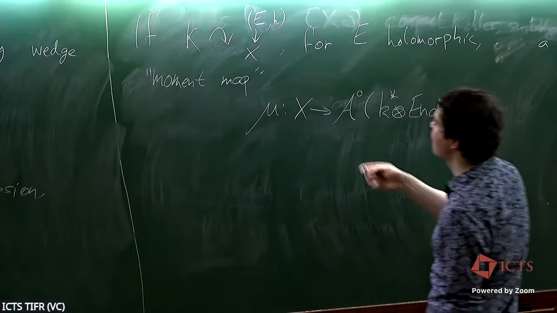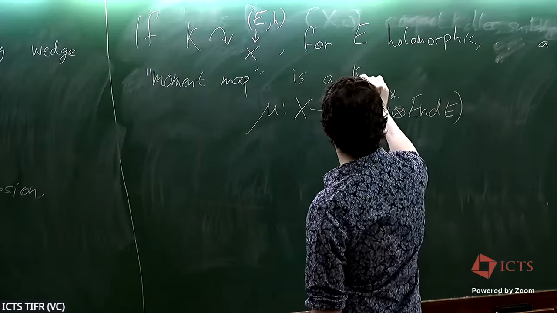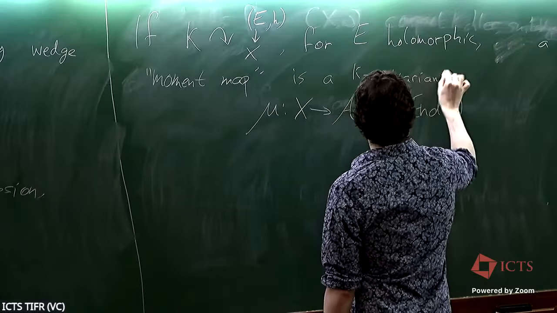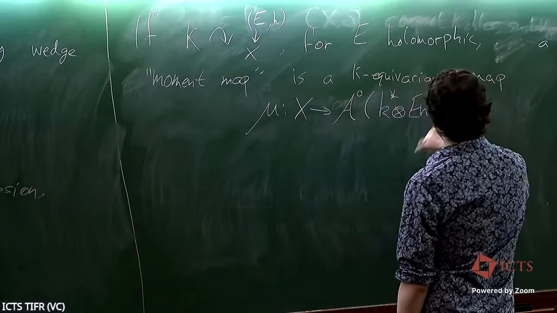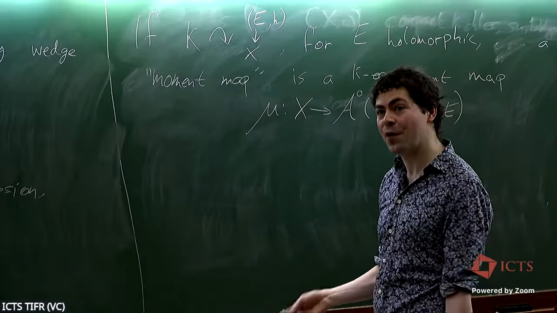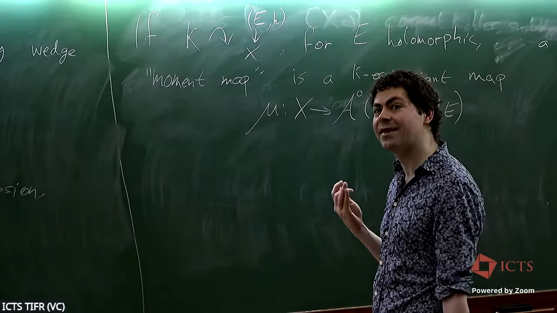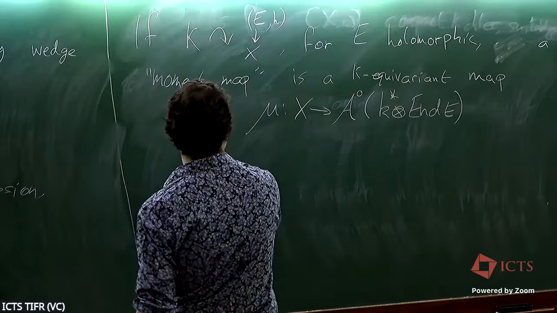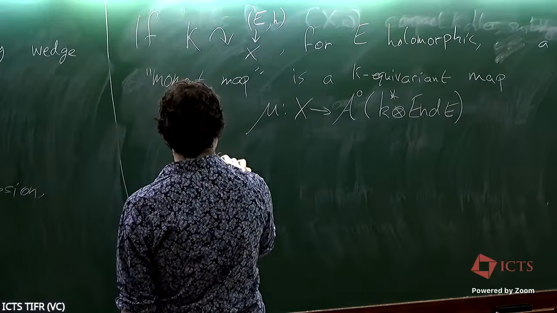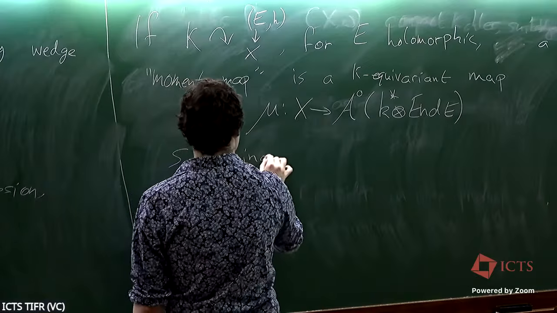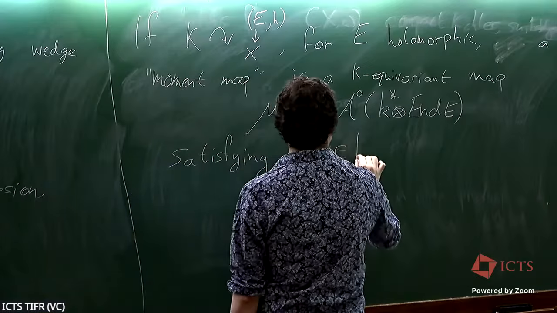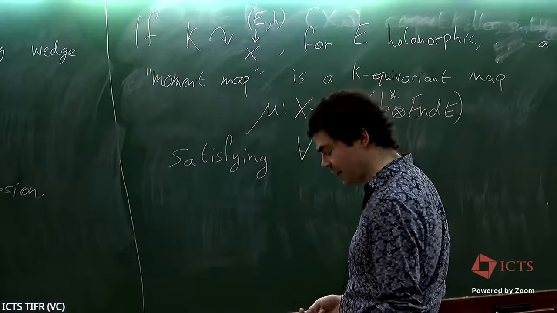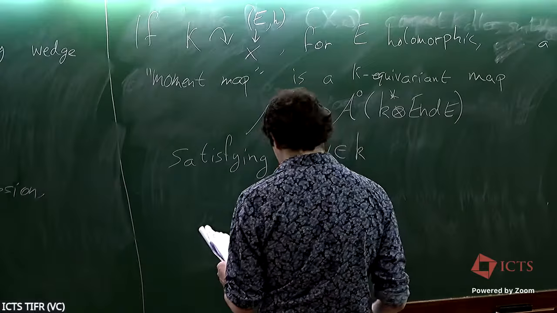A moment map is a K-equivariant map here that satisfies the usual moment map condition, but upgraded to sections of End(E) again. So for all elements of the Lie algebra, we have an equality not of one-forms, but one-forms valued in End(E) instead.